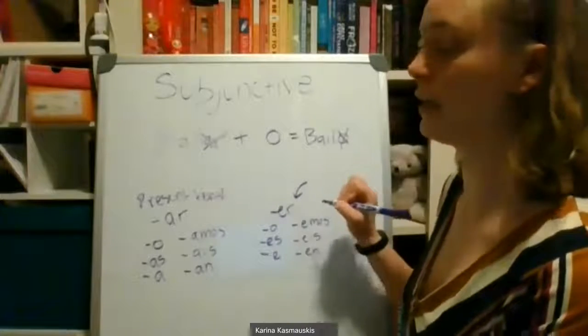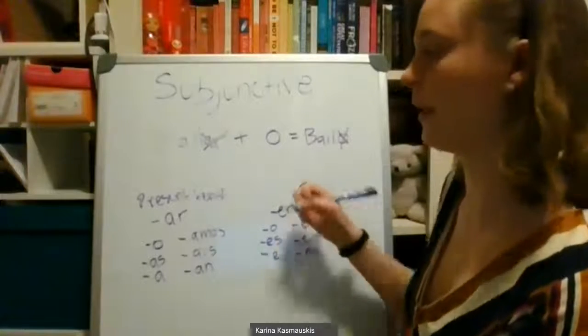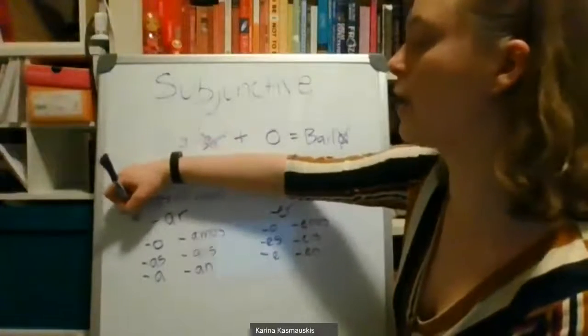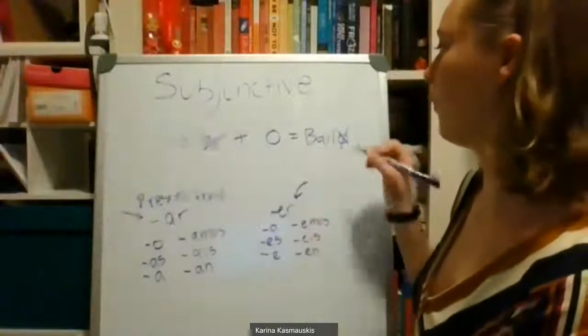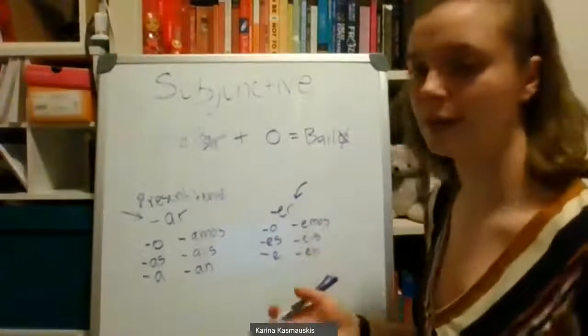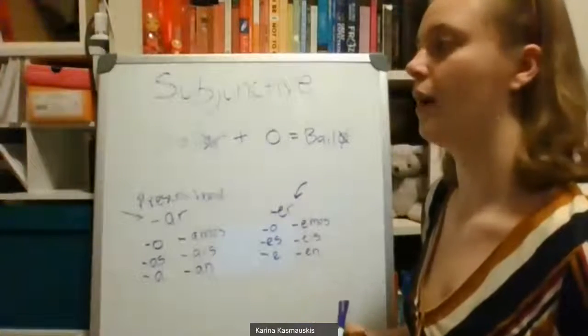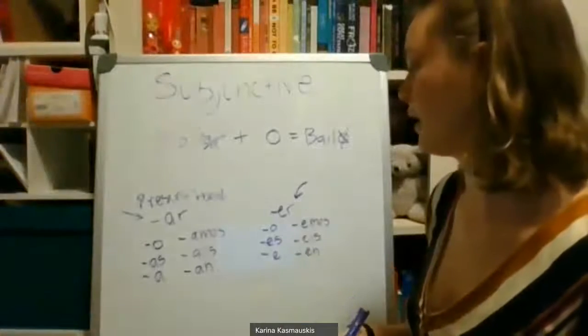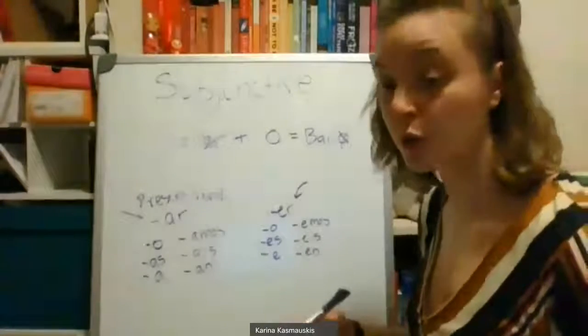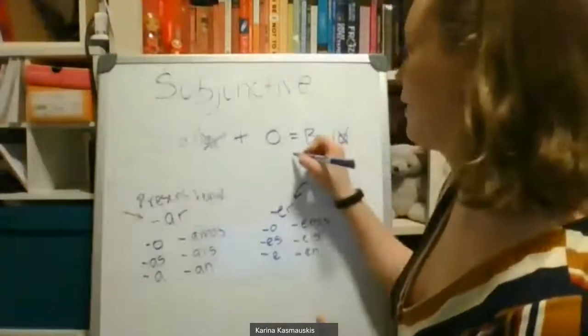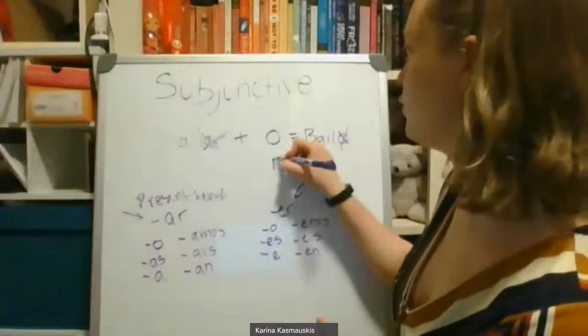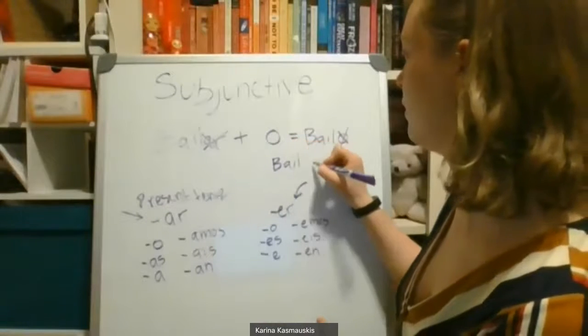And if you have an ER verb, you want to add AR endings. So if we want to conjugate into the present subjunctive, tú form, then we would conjugate that into bailes.